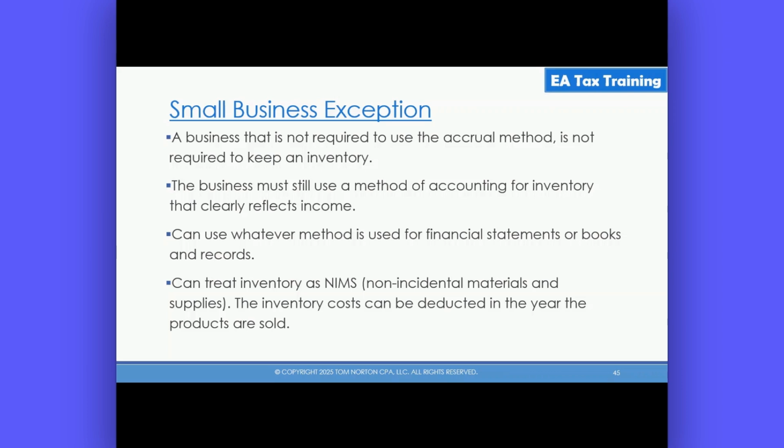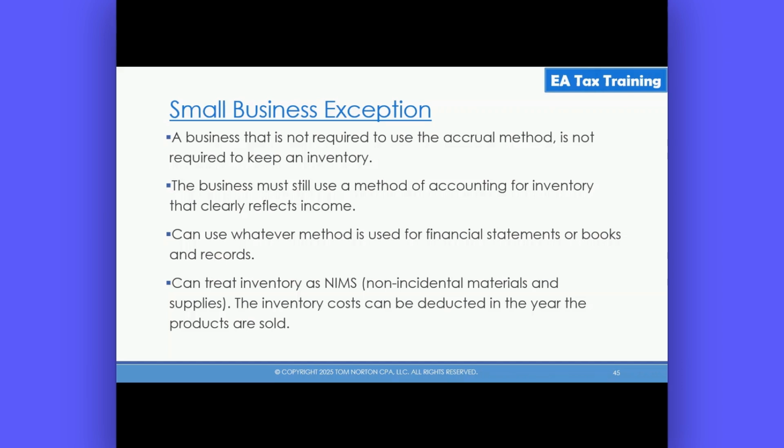You just don't necessarily have to use one of the accepted methods that we are going to talk about. And if you've got a small enough business that it's easy to keep track of, you're like, okay, I know I bought these inventory items this year. I know I sold all these items this year. Then you can just go ahead and deduct all of the inventory costs this year. So whatever you do, as long as it clearly reflects income, you are okay.